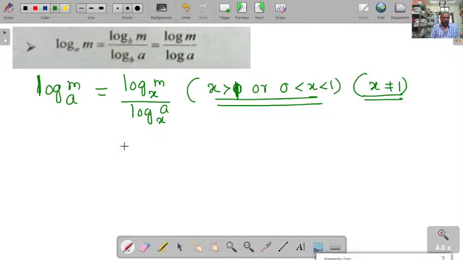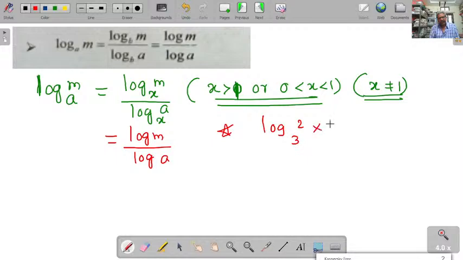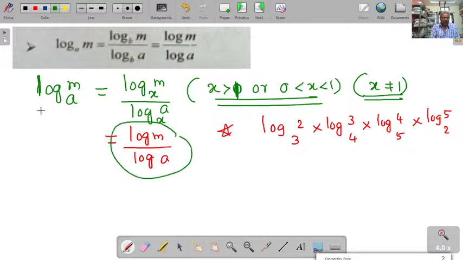Now, let's have one example. We can simply write it like this also: log m by log a. For example, log 2 to the base 3 into log 3 to the base 4 into log 4 to the base 5 into log 5 to the base 2. This can be easily cracked with the help of this concept.